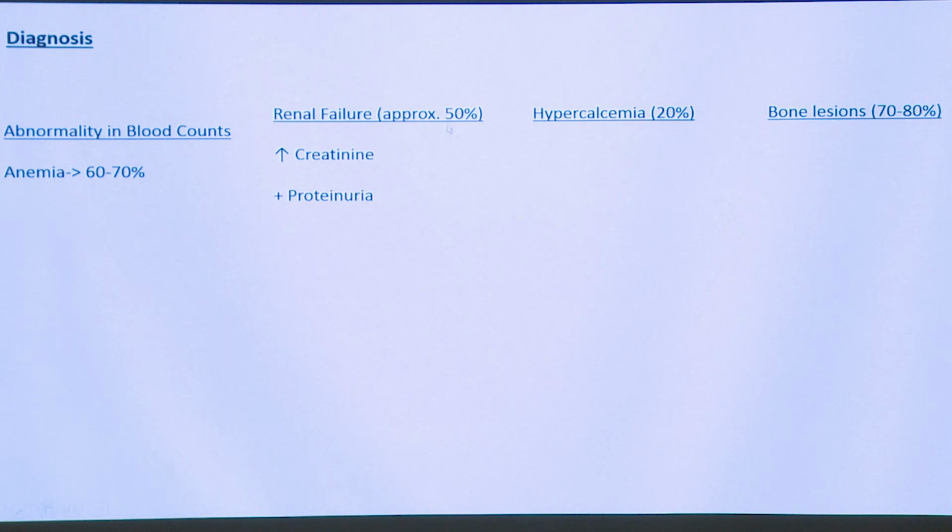Half of the patients present with some sort of renal failure. Some patients present with a high content of calcium in their blood, which leads to clinical symptoms like confusion or renal failure, and then the vast majority also have bone lesions.